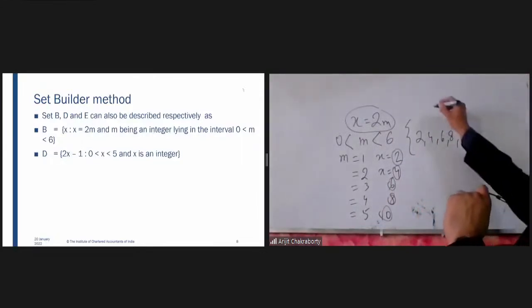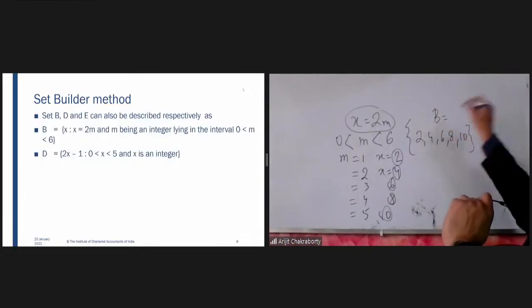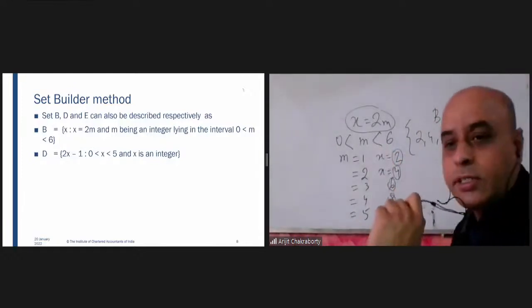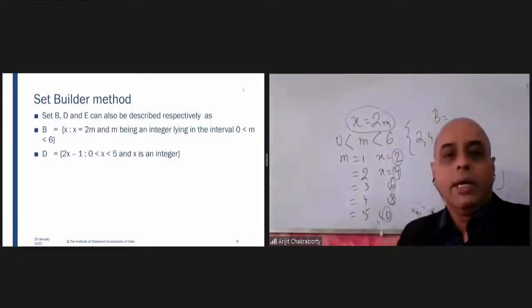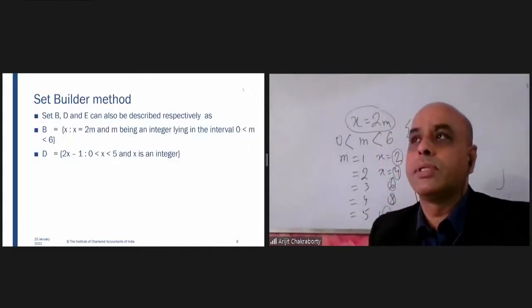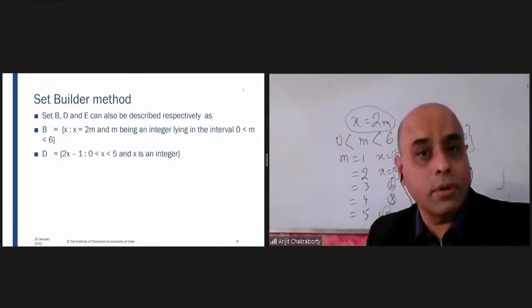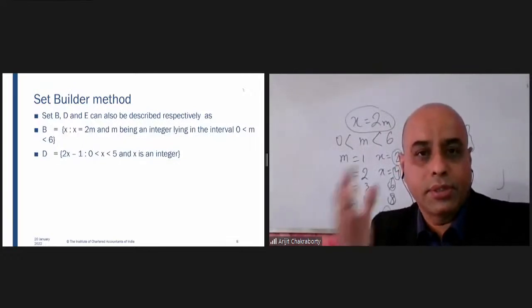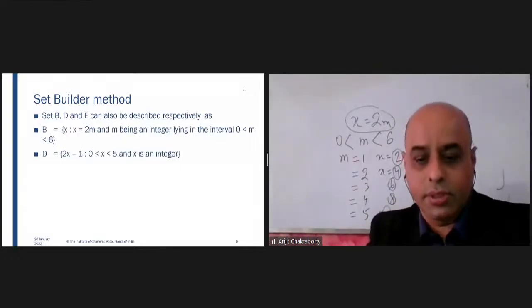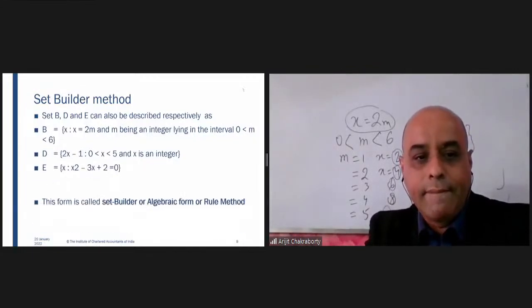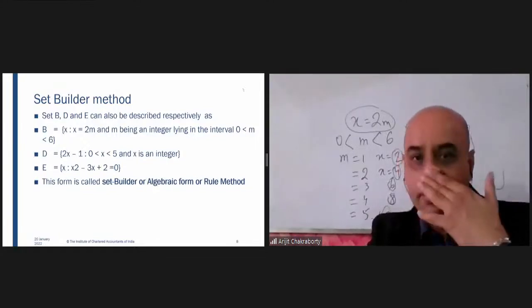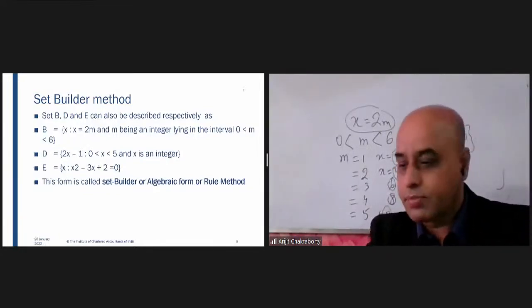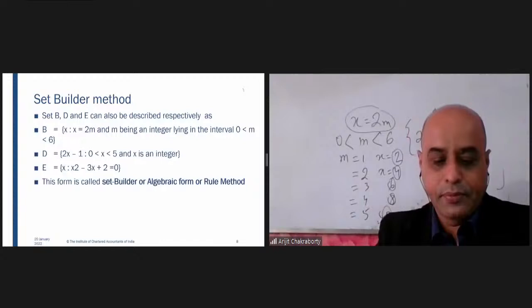This gives me set B. This is how we convert a set from the set builder process to the roster process, or the braces form. So this is set builder, also known as the algebraic rule. It is based on algebraic relationships, right?